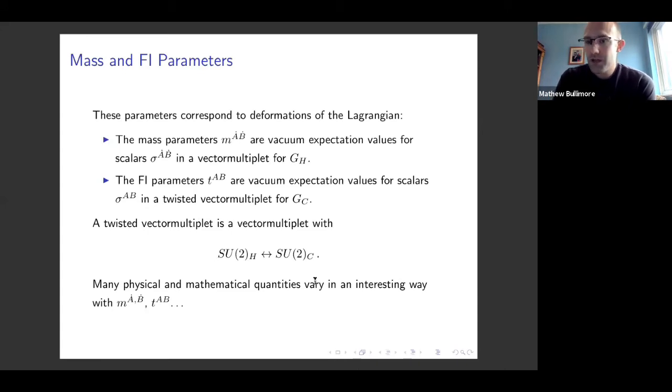Many interesting observables, many interesting calculations, both in physics and in mathematics, even going up to fancy things like categories of line operators and two-categories of boundary conditions, all vary in an interesting way, or maybe even jump in an interesting way, as you vary these mass parameters and these FI parameters. And we're going to try to see a piece of that structure today by studying the vacua of the theory.